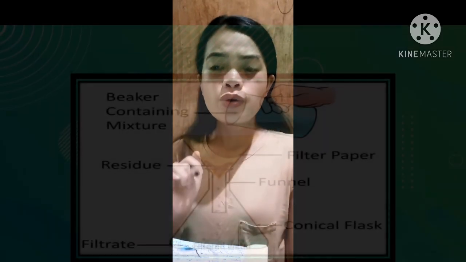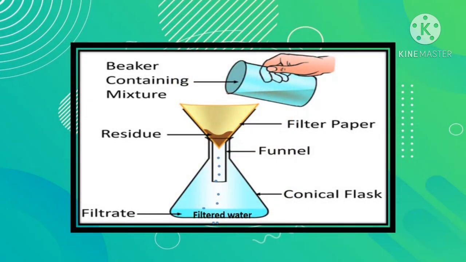By using the filter paper in the funnel, you can separate a mixture. An example of this is tap water. As filtration goes on, you will observe that the residue remains on the filter paper. It means the dirt of the water remains at the filter paper, and the clean water, or the filtrate, goes to the bottom of the container.